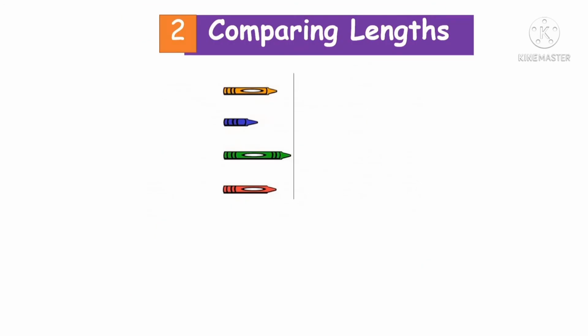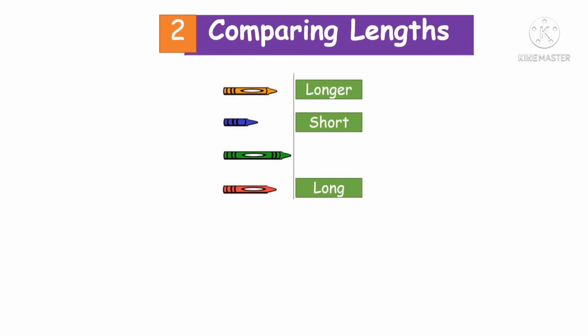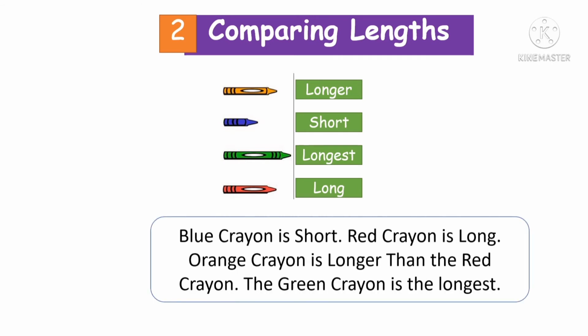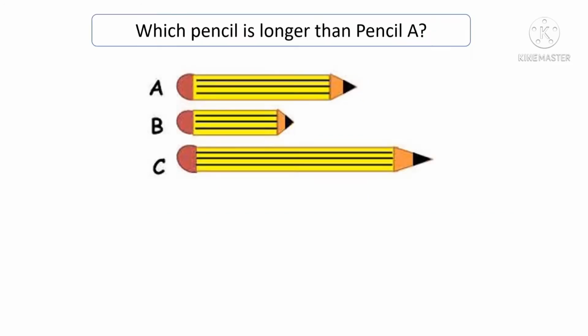Let's compare the lengths of these four crayons. Short, long, longer, longest. The blue crayon is short, red crayon is long, orange crayon is longer than the red crayon, the green crayon is the longest. Which pencil is longer than pencil A?